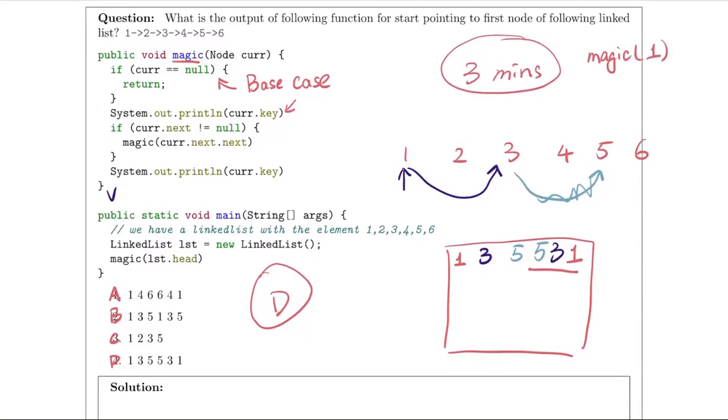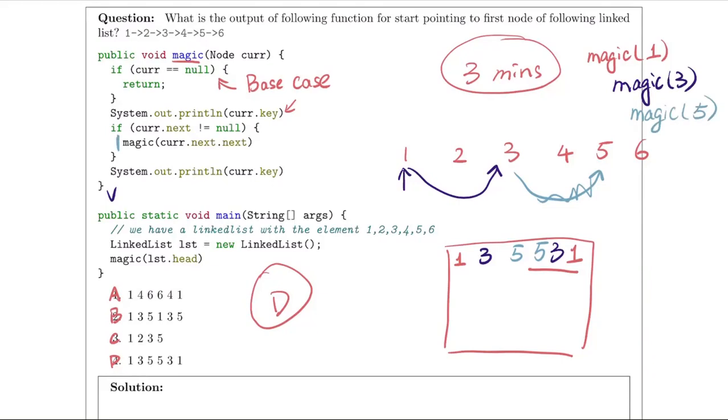The first is magic 1, where node 1 is the head, the second is magic 3, and then magic 5. The reason we are printing 5, 3, 1 in reverse order is that we hit the recursion before the second print statement.